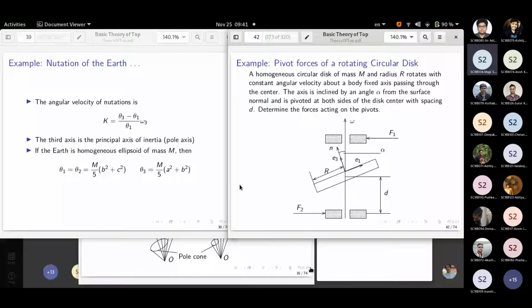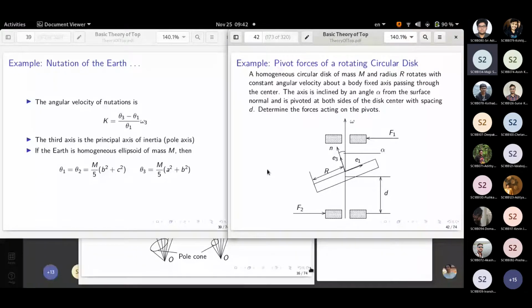We will take one more simple example to understand why mass balancing is very important. Imagine a wheel which is mounted along bearings. These bearings are indicated by these hashed portions.